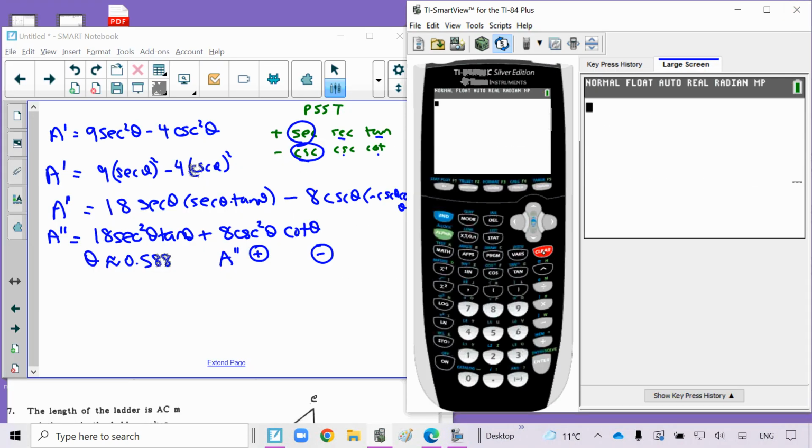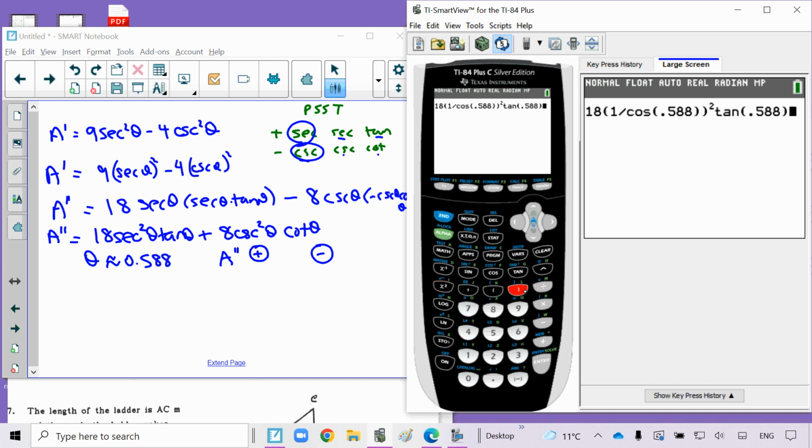Okay, so let me just think. So 18 secant squared. Okay, so 18 times, I'm going to go 1 divided by, secant is the reciprocal of cosine. So I'm going to do cosine of 0.588, and then I'm going to square that. That's 18 secant squared. And then I'm going to times it by tan of 0.588.